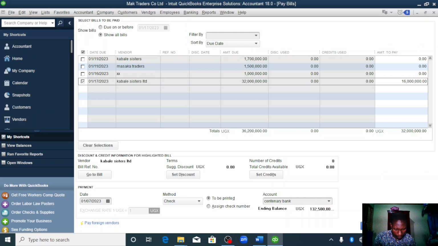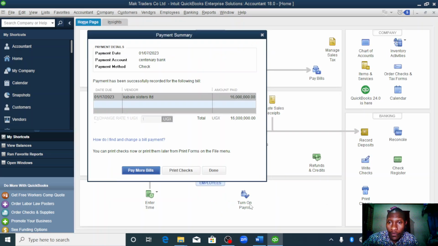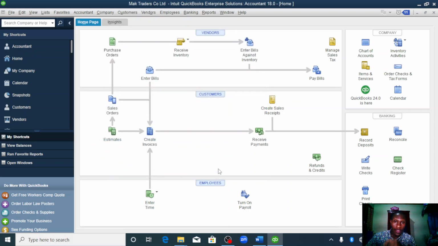They are saying paid by check. So account is Centenary Bank. We click on pay selected bills. We say done.